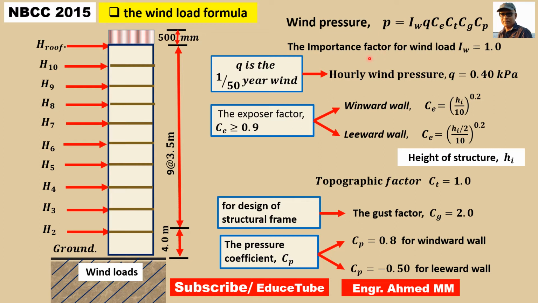This q is the reference velocity pressure for levels of probability having a return period of 1 in 50 years. That's what we can see here, 1 in 50 years.